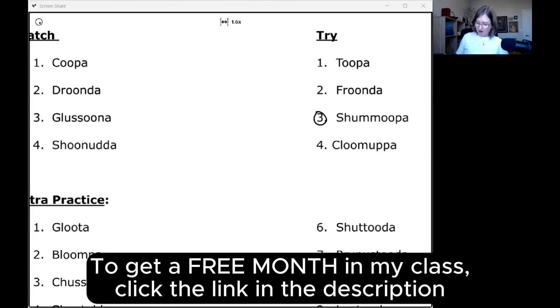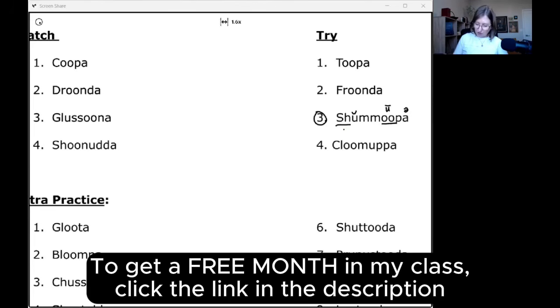All right, so our number 3 here, this SH is going to make a quiet sh sound. This U is making its short sound because of those 2 M's. It's the same sound as this schwa sound at the end. Same sound, different spellings. And here's that O that spells the long U sound and says oo.